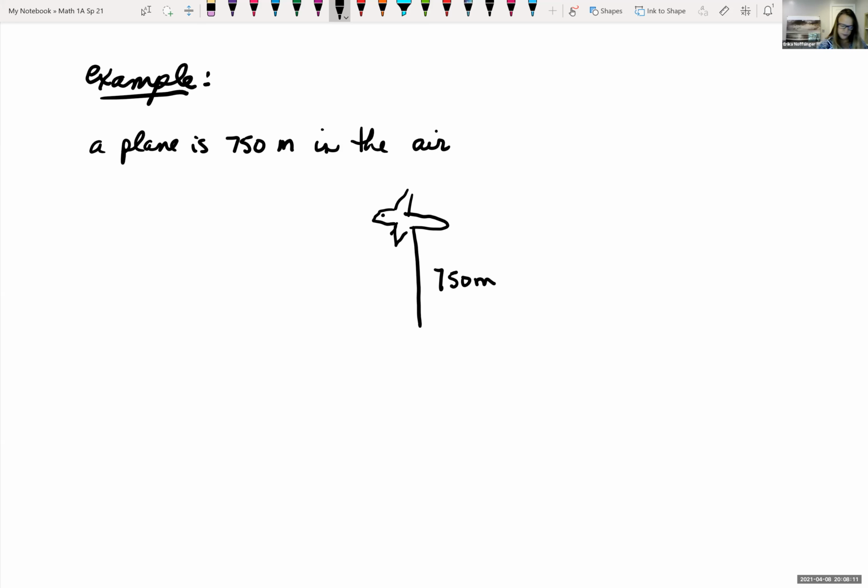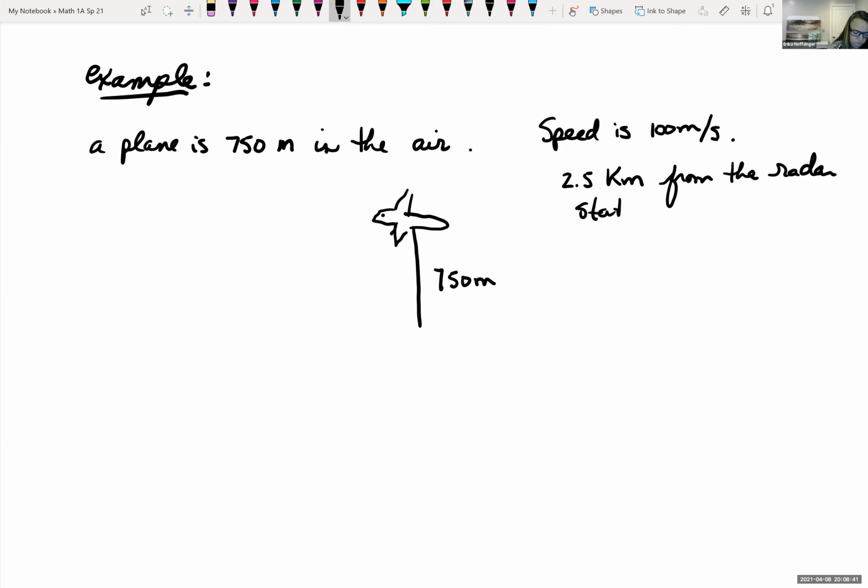And the speed is 100 meters per second. And we're also given that it is 2.5 kilometers from the radar station. Okay, so this is 2.5.